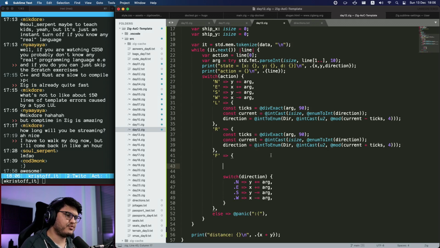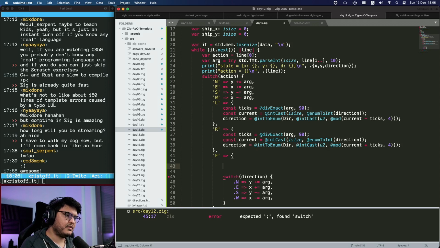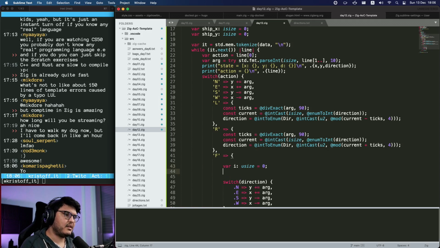You know, a very inefficient way of making this work, to produce the minimum amount of changes, I think, is to do just y. So var i usize starts at 0.